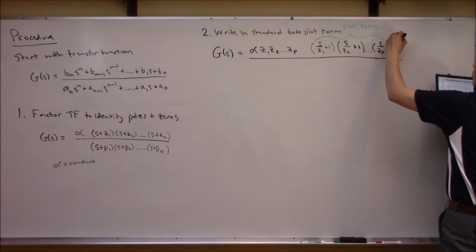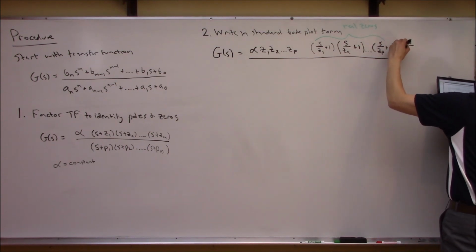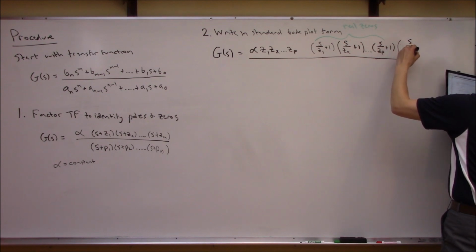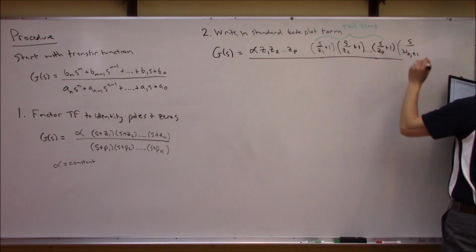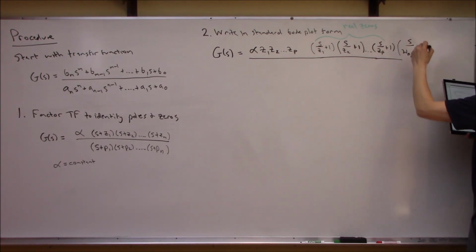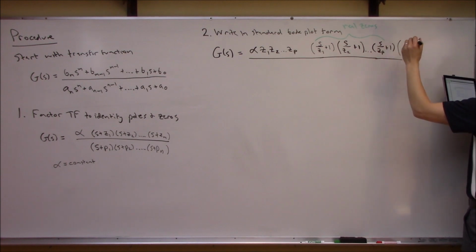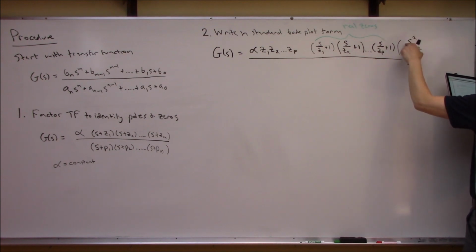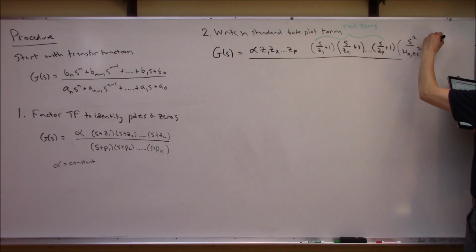That would look something like s squared over omega n z1 squared plus 2 zeta z1 over omega n z1 times s plus 1 here, right? This is the first pair of complex conjugate zeros.